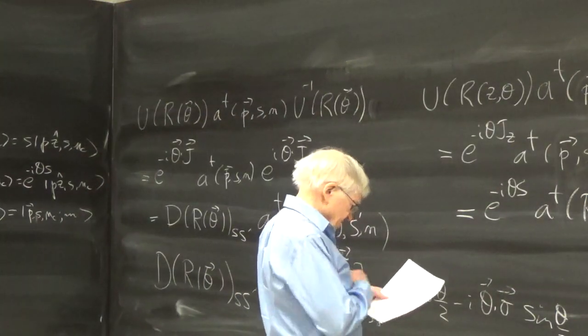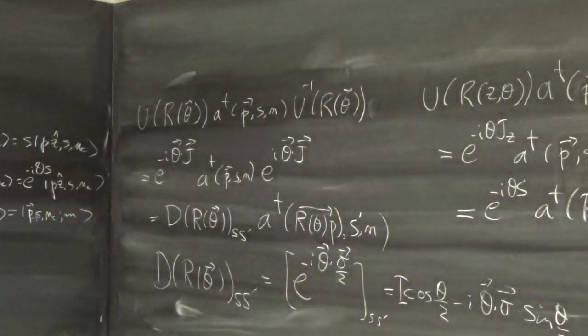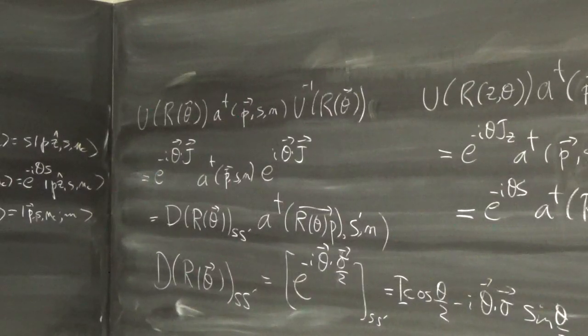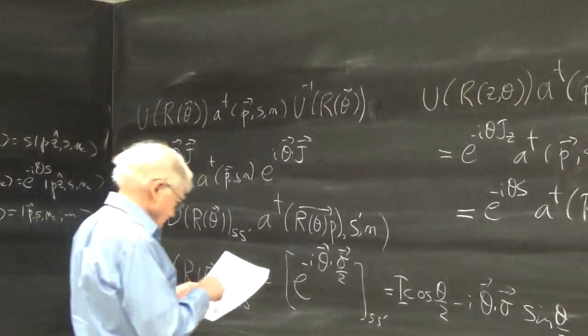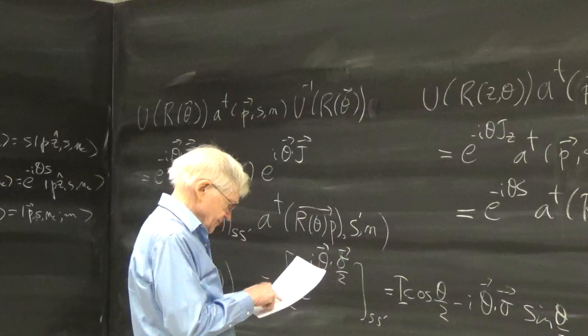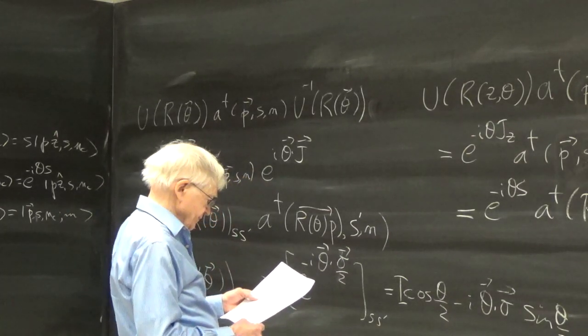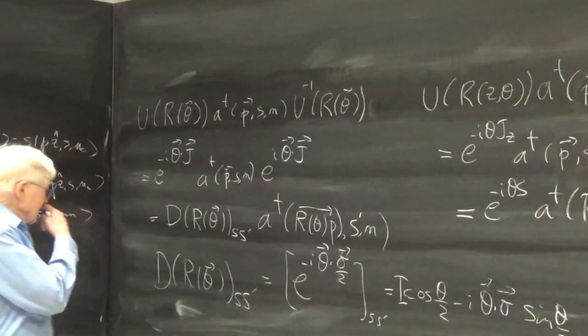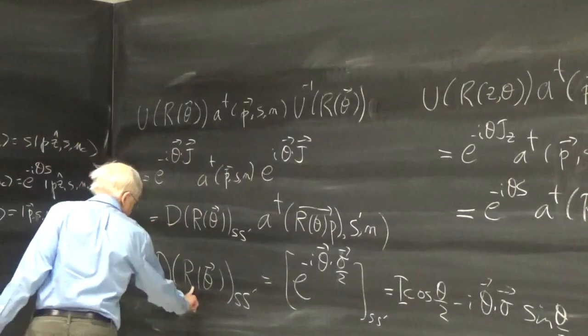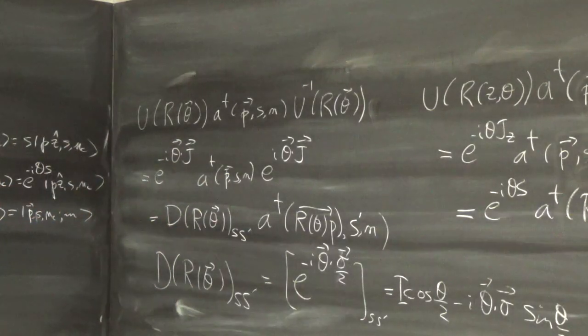Okay, so let me get my pen so that I can correct any typos here. So it's the fact that this 2 by 2 matrix is diagonal here.